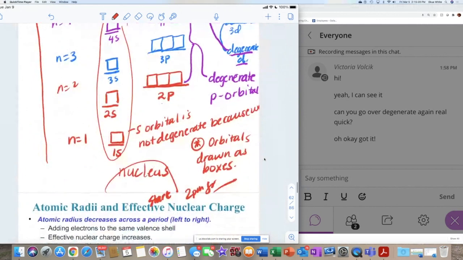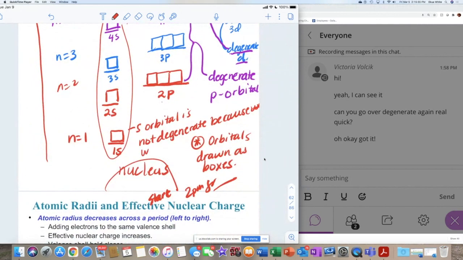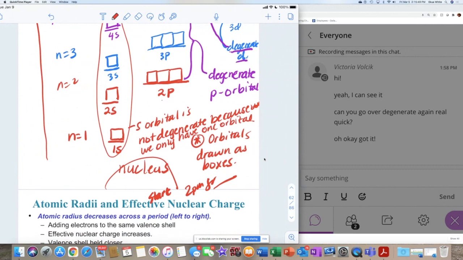I'm running out of space. The prerequisite for degenerate is more than one orbital, and they have to be at the same energy level. Okay, so hopefully that is clear.